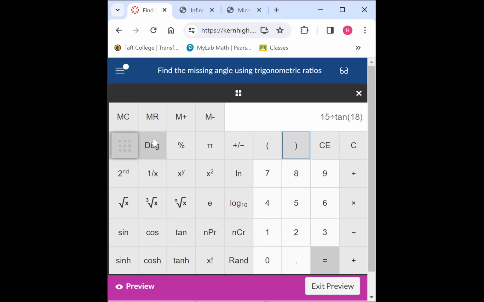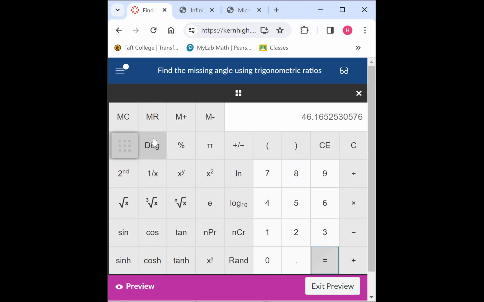Do get used to closing parentheses. When I don't close parentheses, sometimes I might get the wrong answer. Most of the time might be correct, but sometimes it might be incorrect. Now, if I type it correctly, it will be fine. So get used to closing the parentheses. So I see 15 divided by tangent of 18.